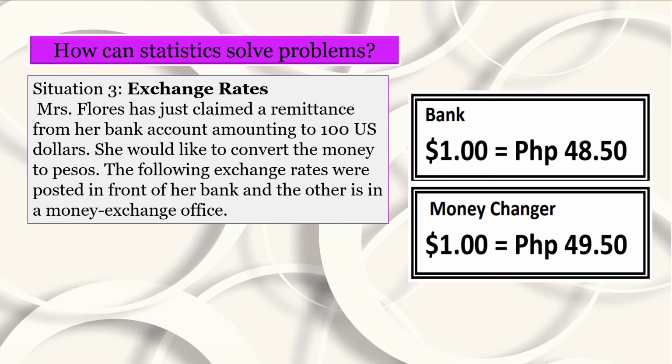The following exchange rates were posted in front of her bank and at a money exchange office. In the bank, the exchange for $1 or 1 US dollar is equivalent to 48.50 pesos, while in the money changer, 1 US dollar is equivalent to 49.50 pesos.